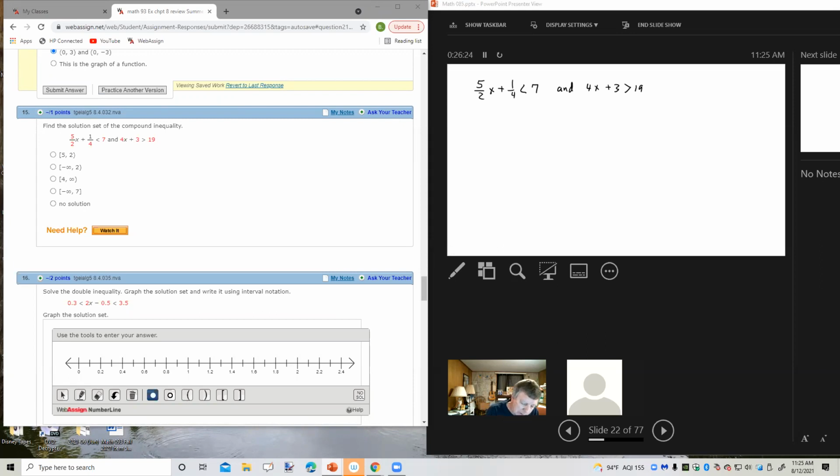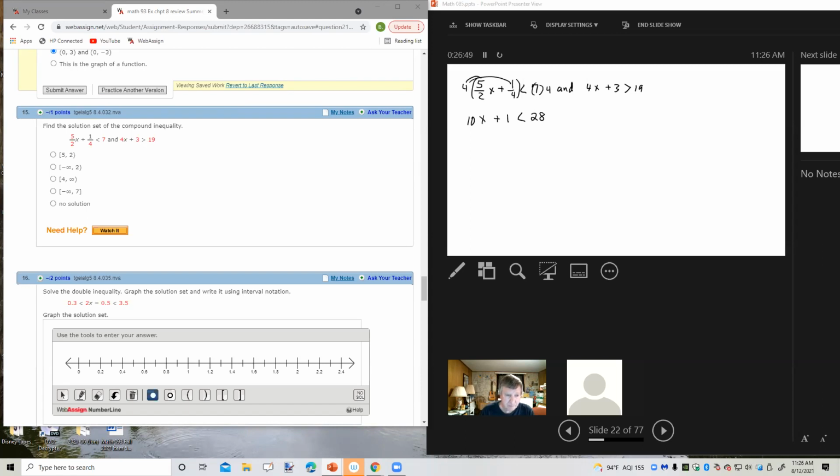This first inequality, I'm going to clear the fractions by multiplying both sides by the least common denominator of the 2 and the 4, which is 4. I get 20/2, which is 10x, plus 4 times 1/4, which is 1, less than 28.